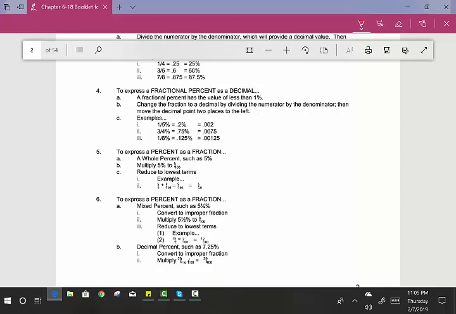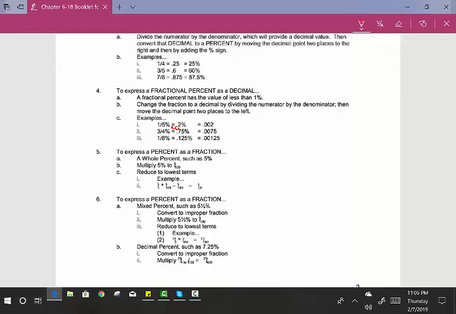So if you have 1/5 of 1%, I'm going to enter 1 divided by 5 on the calculator to give you 0.2%. Then I'm going to move the decimal point 2 places to the left to give you 0.002 or 2 thousandths, because 2 is in the thousandths location.